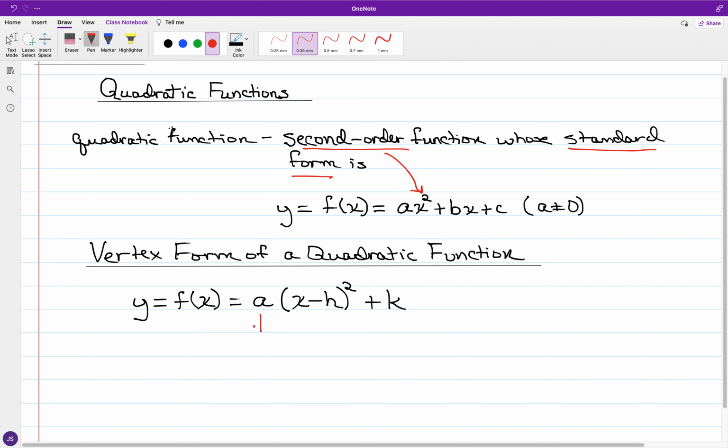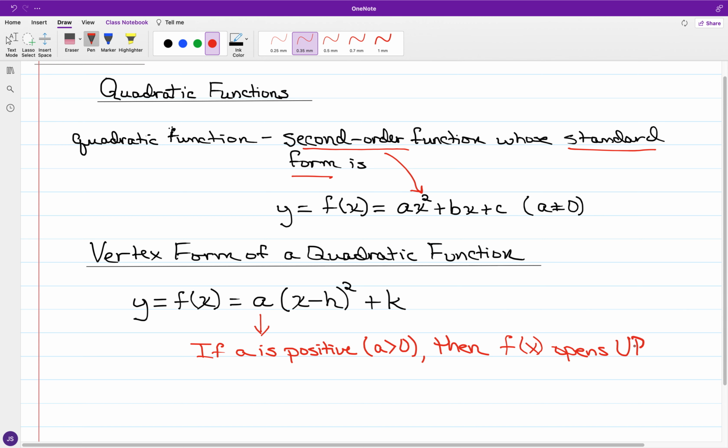So we're looking at the same coefficient a, and now for the leading coefficient a, if a is positive, then you're going to have the graph of the function and it's going to open up from the vertex.